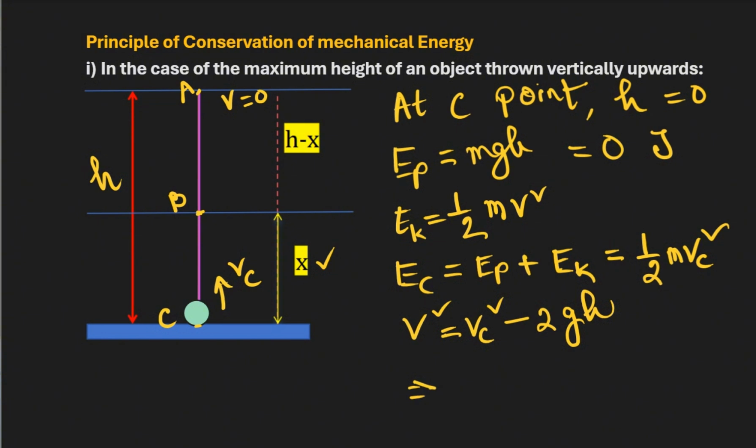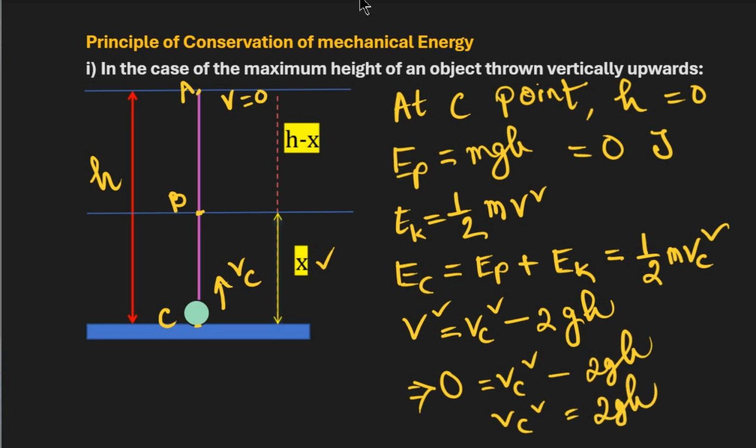Since the final velocity is 0, we can write vc square equals 2gh.